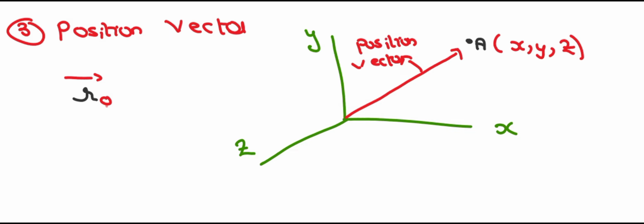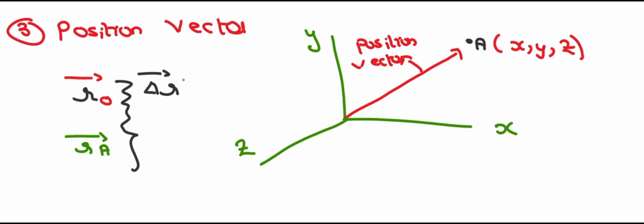RO is the position of the origin, and this is RA. RA is the position of the given point A. If we subtract these two, this is delta R, which is equal to RA minus RO.